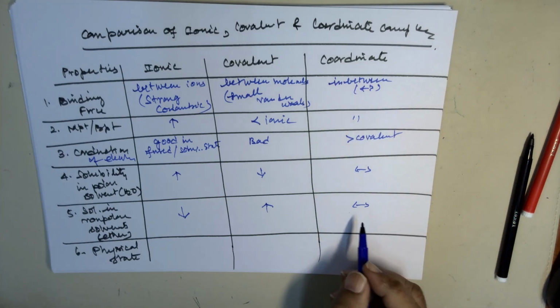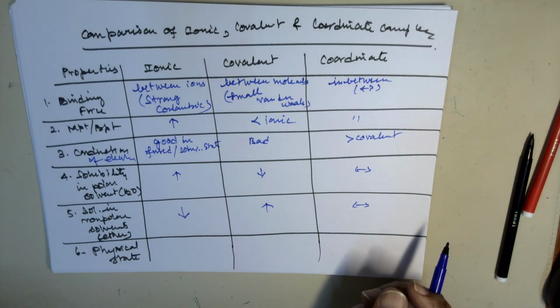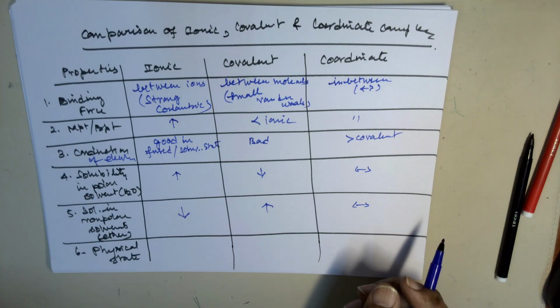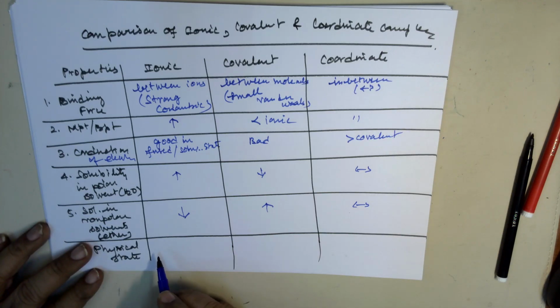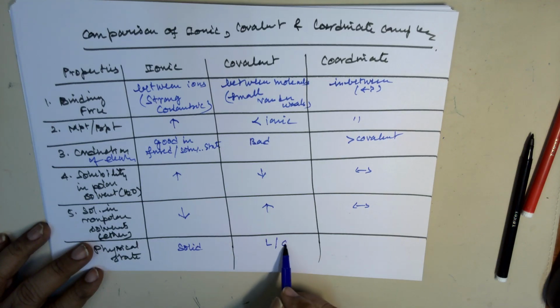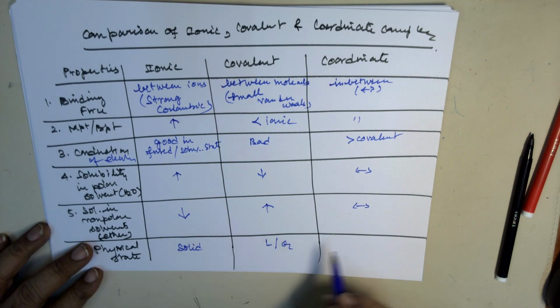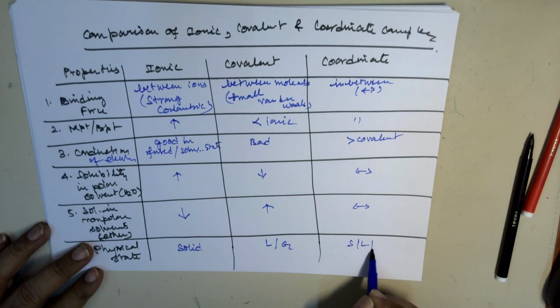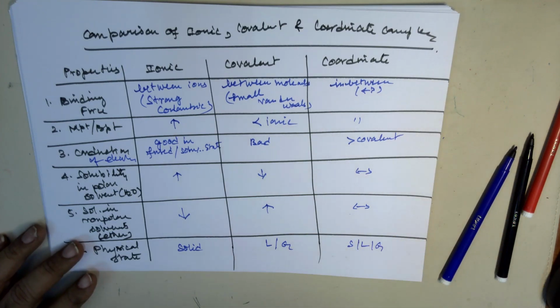Okay. And what about the physical state? Generally, they are solid. Whereas in this case, liquid or gas. Whereas solid, liquid, gas, all are feasible.